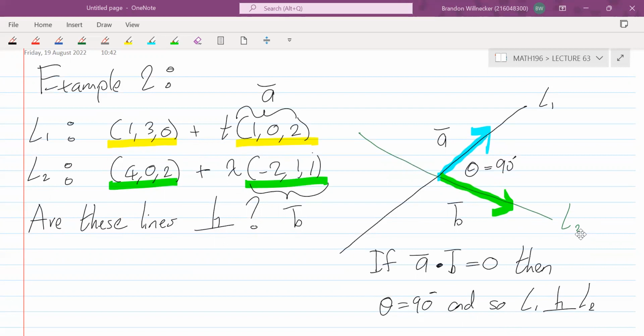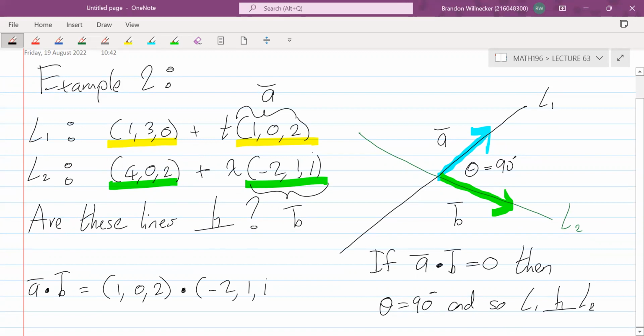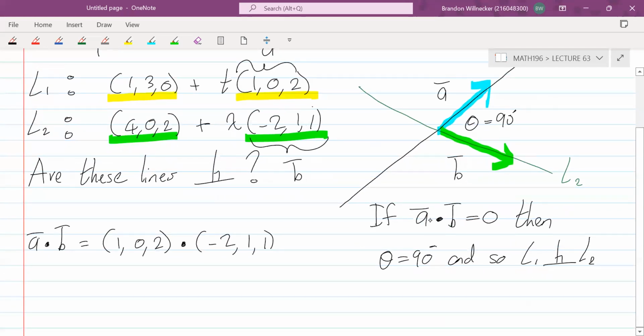So let's do the dot product and see if it's 0 or not. So A dot B is going to be the A vector, (1, 0, 2), dotted with the second vector, (-2, 1, 1). And we need to see, is this 0 or not?